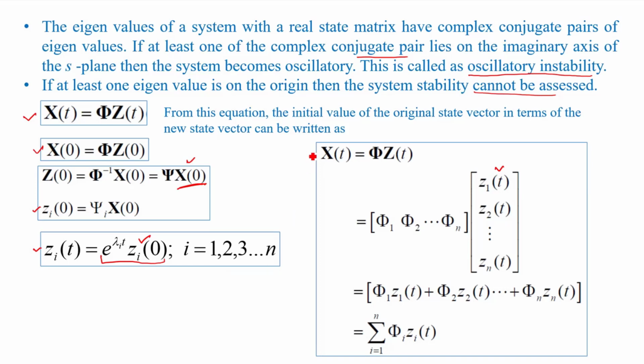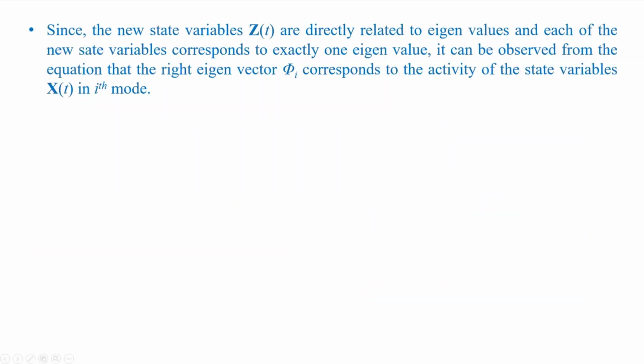This is how I can get the time domain response of the state variables. Since the new state variables z(t) are directly related to eigenvalues, and each new state variable corresponds to exactly one eigenvalue, it is called a mode.